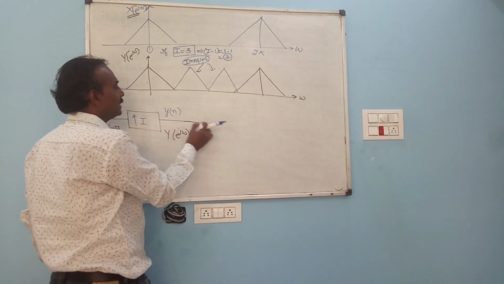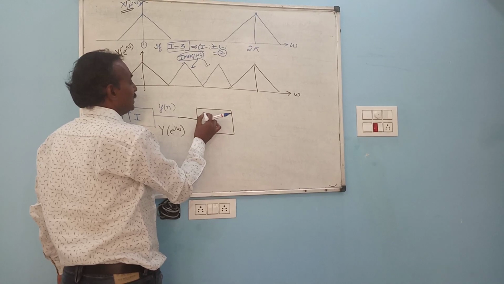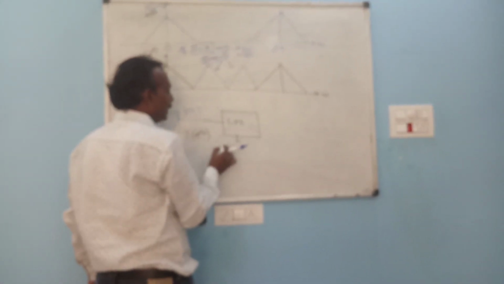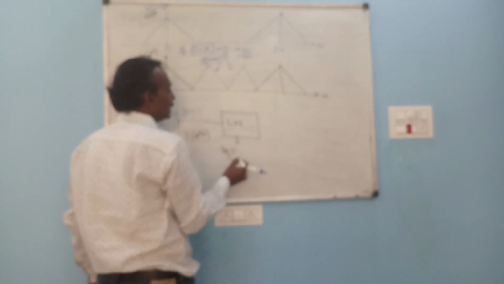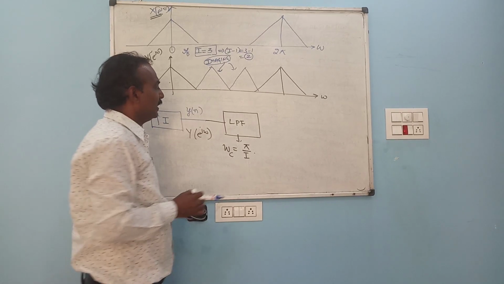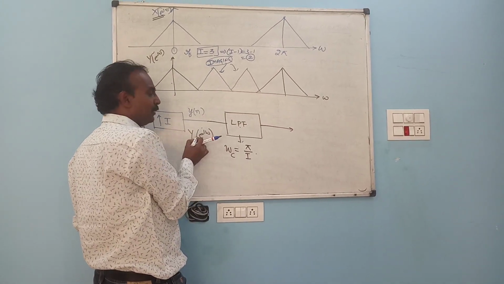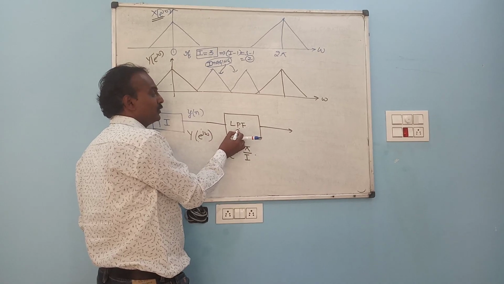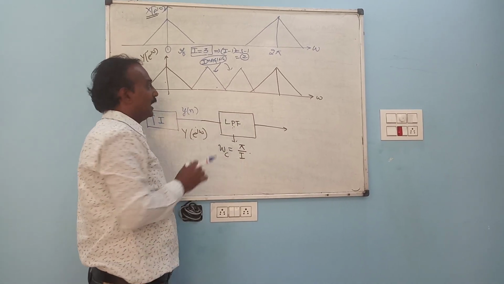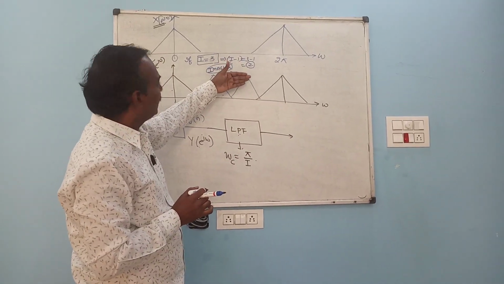So to avoid these images, after upsampling we pass the signal through a low pass filter whose cutoff frequency is pi by this factor I. When the upsampled version is passed through the low pass filter, the filter removes the images that occurred in the spectrum.